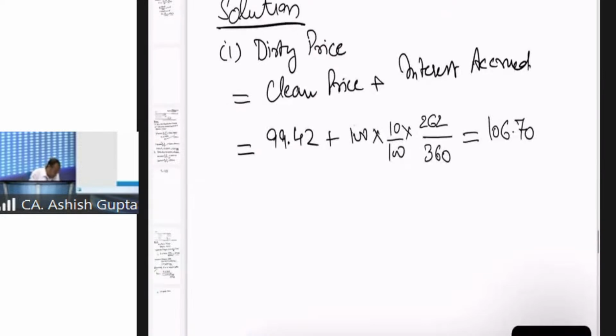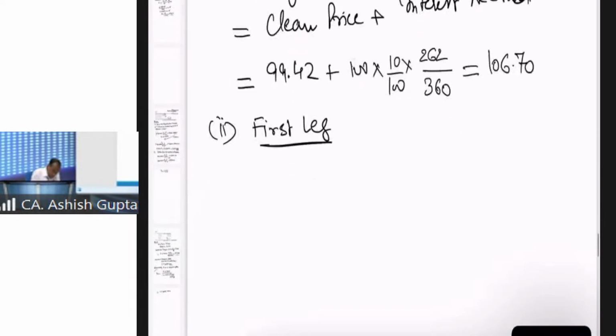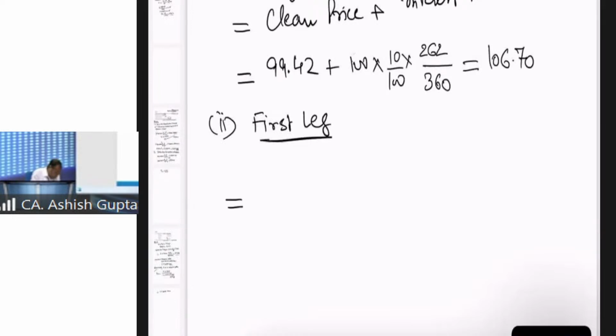Now let us see how the repo transaction takes place. There are always two aspects. One is selling, another is buying back. Selling the securities with a promise to buy back is called the first leg. Now how much fund will be received?